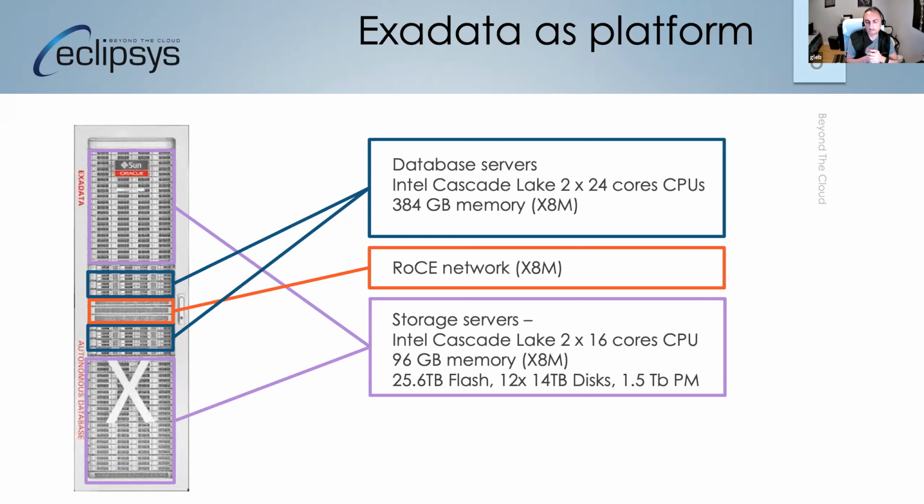It is an extremely fast database machine with storage servers capable of offloading part of the load from the database servers. For example, if you have a full table scan for a table, with a filter condition like column X equal value A, and you have direct path full access for the table in your SQL plan, that information will be offloaded to the storage cells, and the storage cells will filter out data you don't need and send to the compute node buffer cache only the data you need.